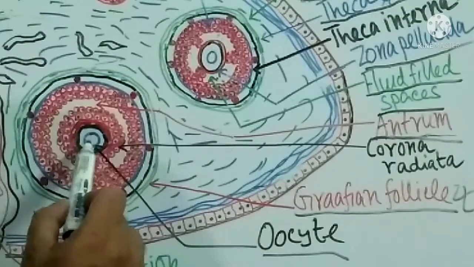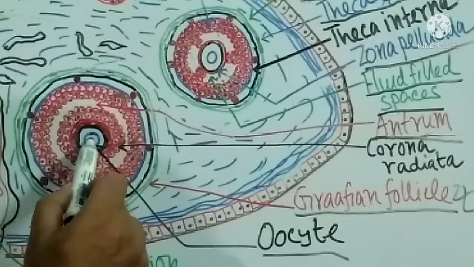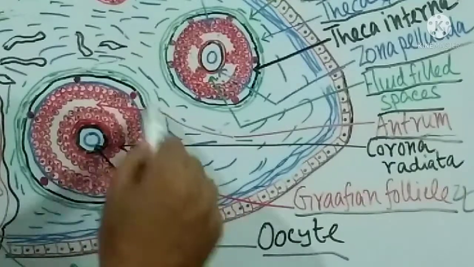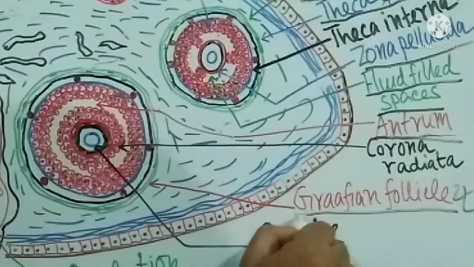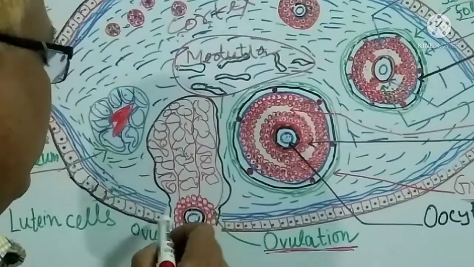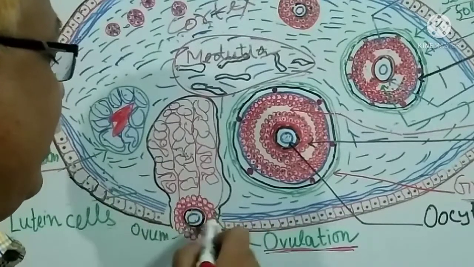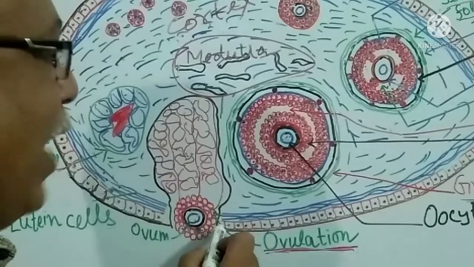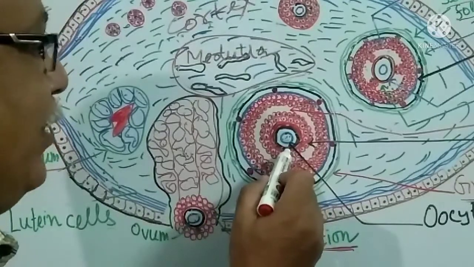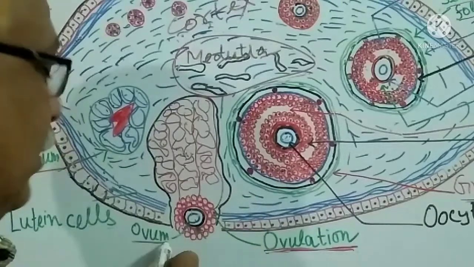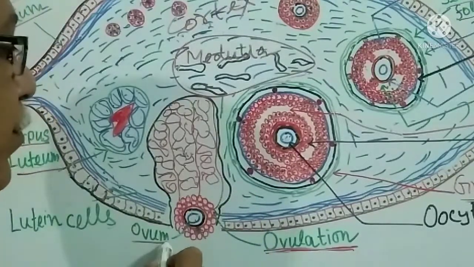Oocyte lies eccentrically in the follicle. So this is Graafian follicle or mature follicle. During ovulation, this portion of the wall of the ovary is ruptured and secondary oocyte of Graafian follicle is released, and this is called ovum.